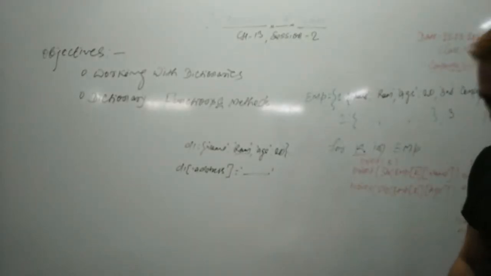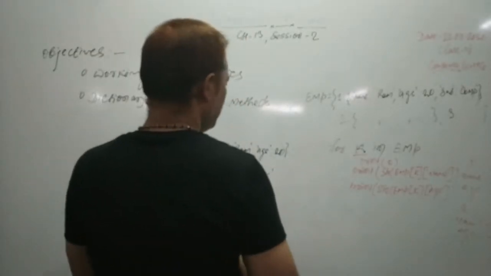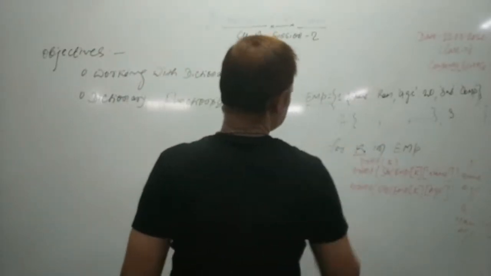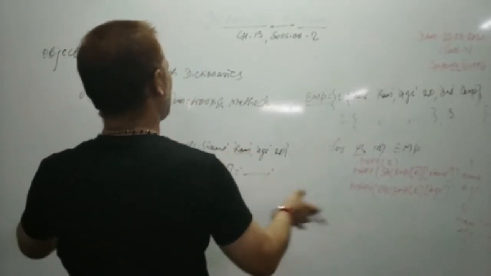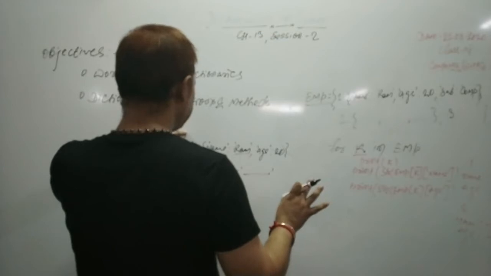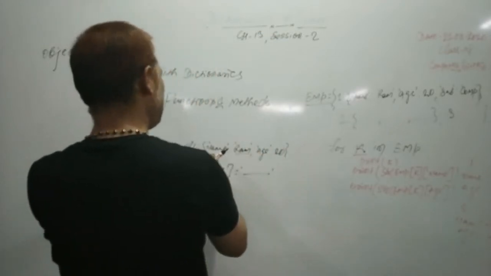If anyone wants to update an existing dictionary, mind it, suppose D1 is a dictionary and I want to add something. There are two cases: the same key can be changed with a new value, or a new key can be added.